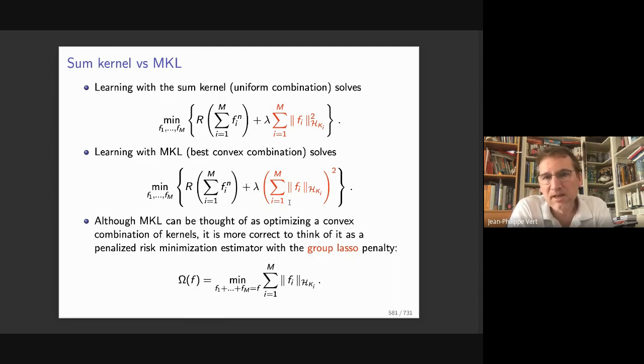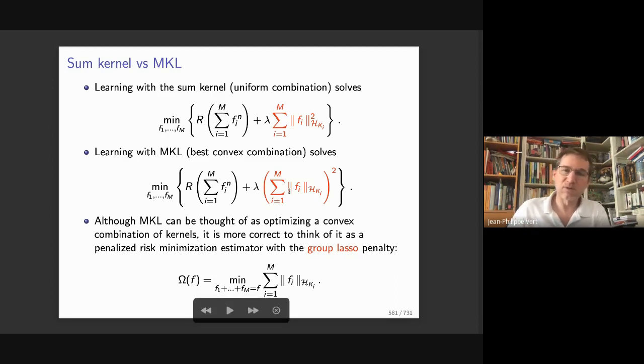The main difference is that in the second form, the MKL formulation, the regularization you use, which is a sum of the norms, is not smooth. The square norm is a smooth function, but the non-square norm has a peak at 0. So if you plot it over the space of functions, the non-square norm is not smooth at 0.